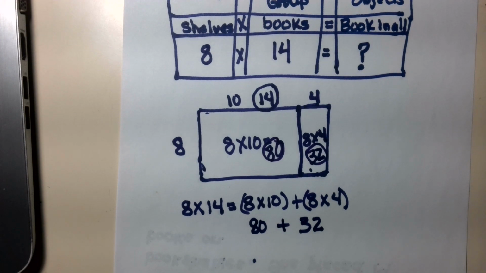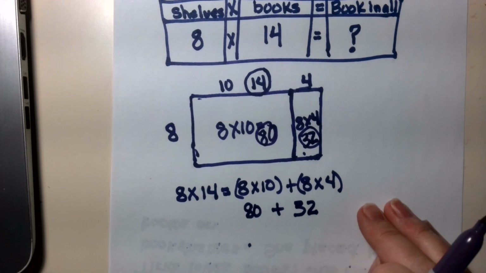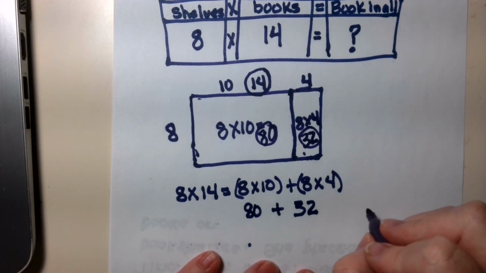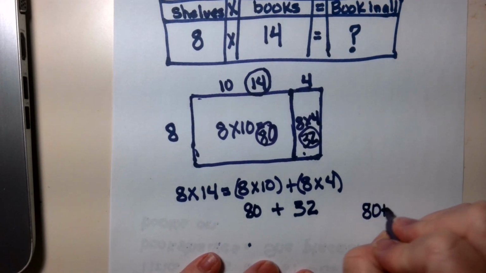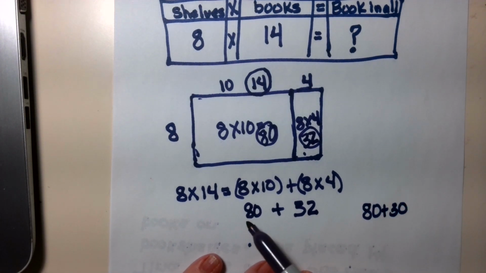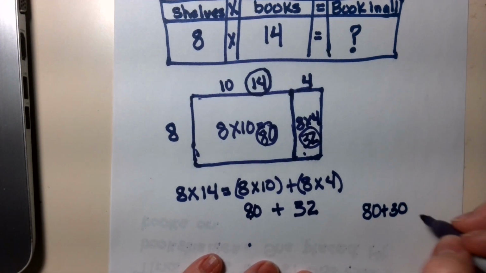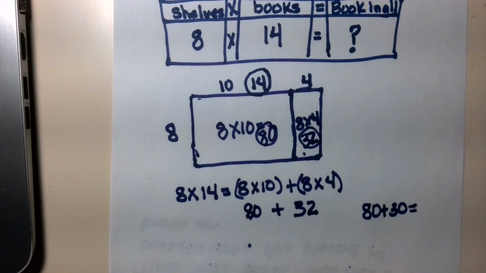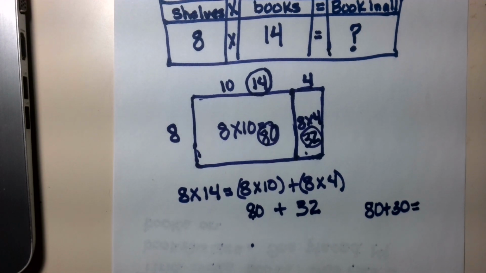I always love to call on kids to hear their addition strategies, but since I can't call on anybody today, I'm going to just do a little work over here on my addition. So I'm going to add 80 plus 30 together first, because there's my 80, there's my 30. And I'm thinking to myself, I know 80 plus 20 is 100, but I need 10 more.